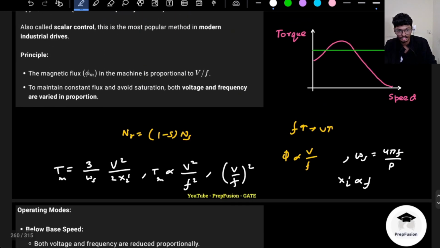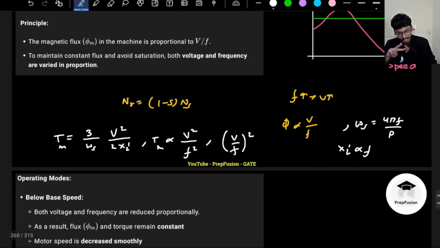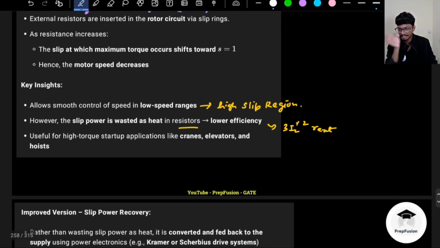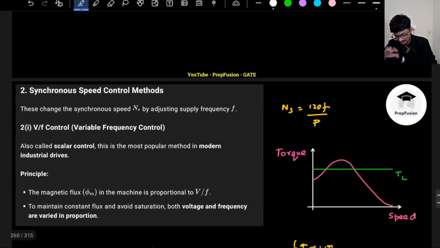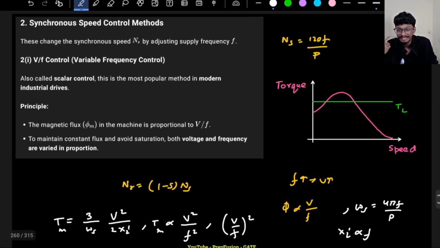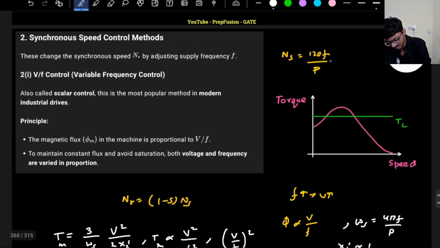So what will happen to the graph basically? In the previous case we were controlling only either the high speed region or the low speed region, but with this we can control both. How can I control both? Let's say this is my rated point, f equals f rated. If I want to go beyond my rated speed, what will happen? I cannot increase my voltage, the machine will get damaged.